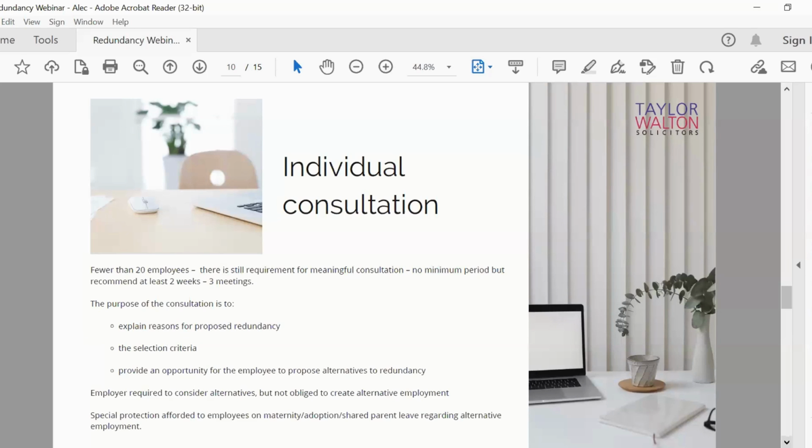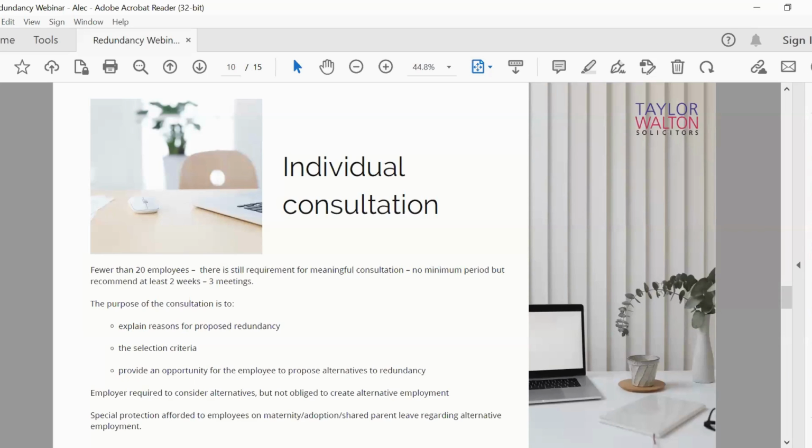Now, this is going to be further complicated in that Parliament has recently passed the Protection from Redundancy (Pregnancy and Family Leave) Act 2023, which is likely to come into effect either later this year or next year, which will provide greater protection for individuals returning from family leave.